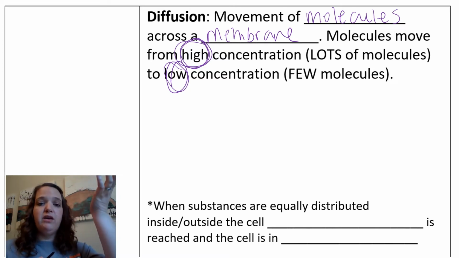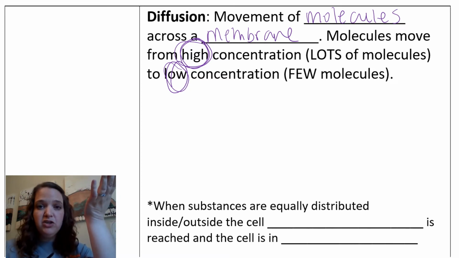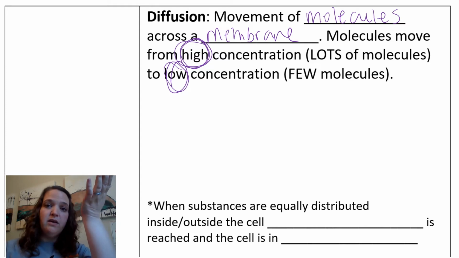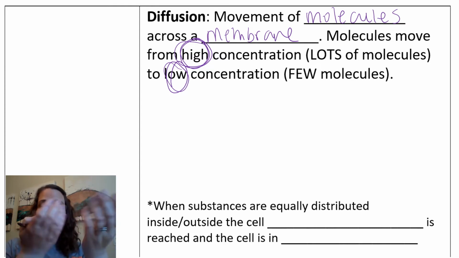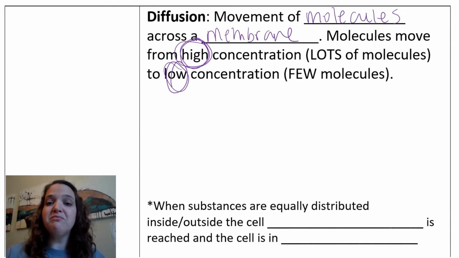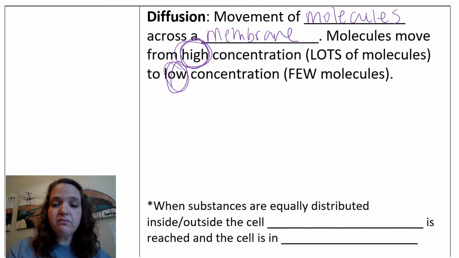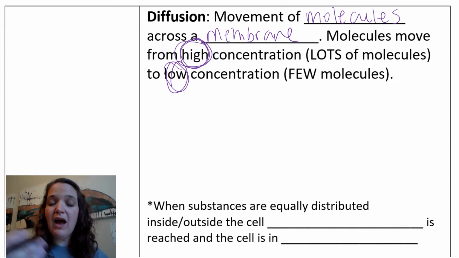So the unequal air pressure is going to cause the air molecules to move because they want to reach equilibrium, just like the molecules here moving across the membrane want to reach equilibrium as well. So the process of diffusion is going to happen when the molecules move from high concentration or a high number to low concentration or a low number.